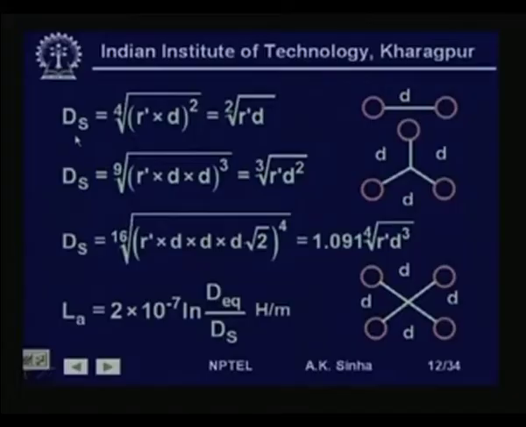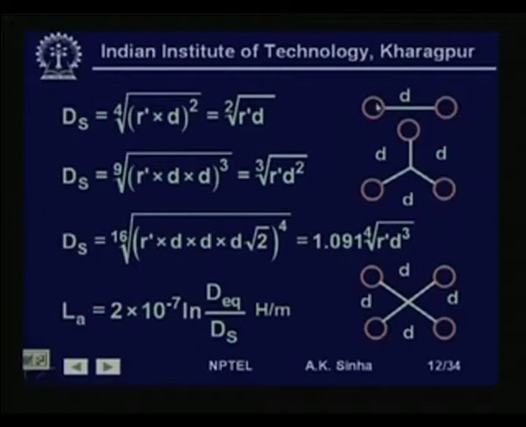Now, let us look at the effective radius when we are using 2 conductors placed at a distance d, where normally this distance d is approximately 10 times the diameter of the conductor. For this 2 conductor bundle, ds will be equal to, taking all the distances: its own distance from itself is r dash, its distance from the other conductor is d, then the distance of the other conductor with itself is r dash, and with this one is d.